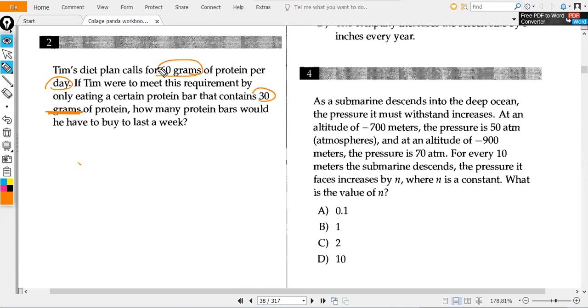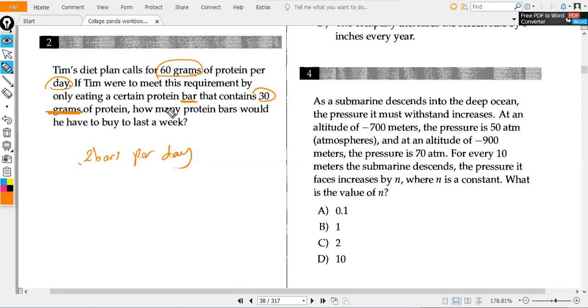We need 60 grams per day, but the bar contains just 30 grams. So anyone could tell me how many bars we need each day? 2 bars. Good. We need 2 bars per day.